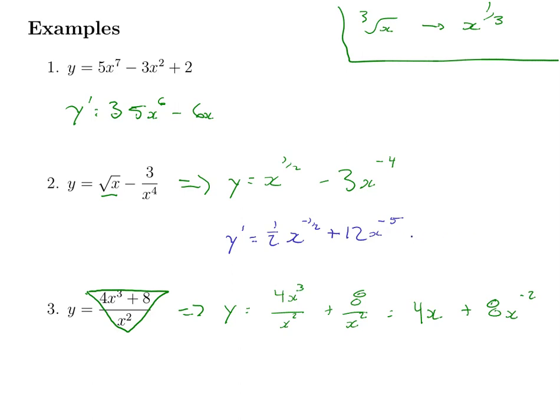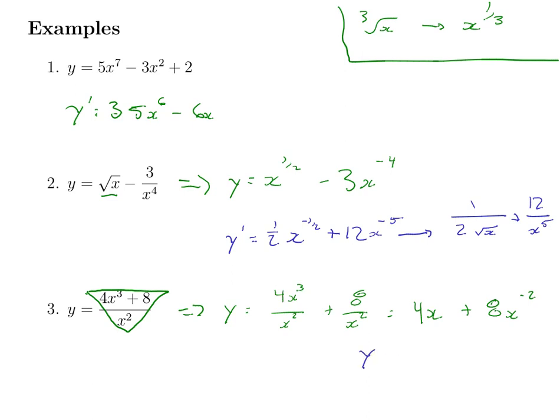Because these are negative exponents, they really belong in the denominator. So this is 1 over 2 square root x. That's really the negative, meaning it's in the denominator, half, meaning it's a square root, plus 12 over x to the 5th. So that's what this derivative is.